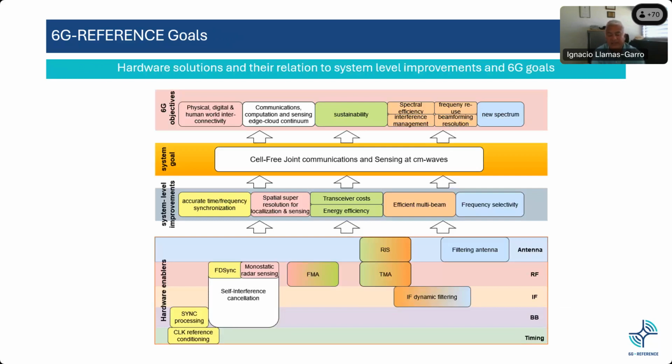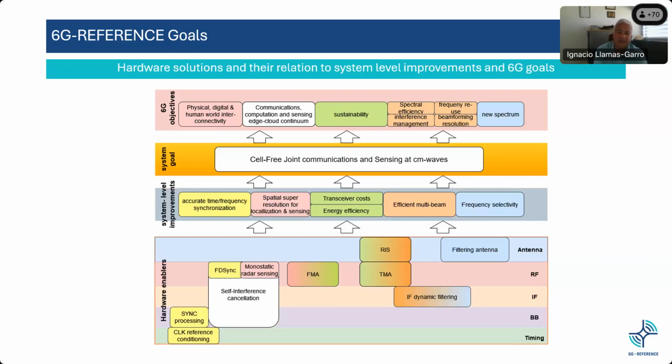This figure relates 6G reference hardware solutions to enable cell-free joint communications and sensing transmissions with system-level improvements and overall 6G goals. The hardware enablers described in the previous slide can be found at the bottom of the figure.